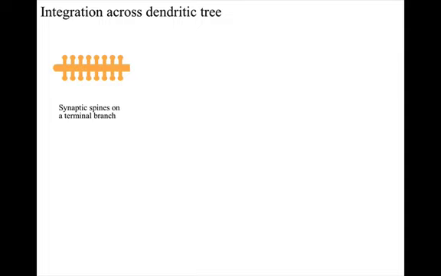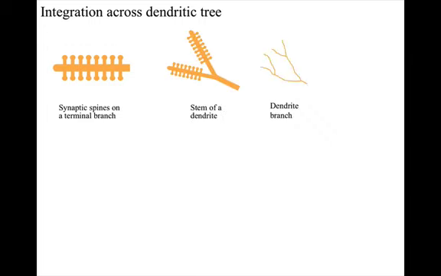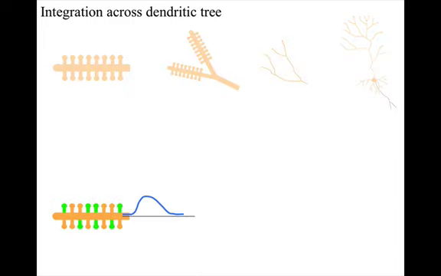So let's have a look at what's going on at steadily increasing scales. Action potentials arrive at synapses, and synapses are grouped on branches of a dendritic tree. Branches are linked together. Multiple groups form a dendrite, and multiple dendrites terminate on the neuron soma.